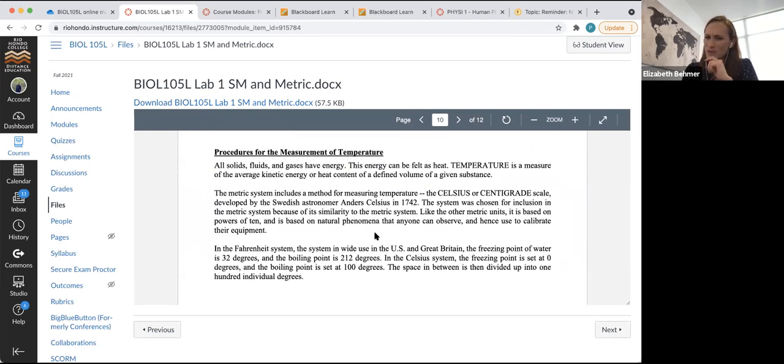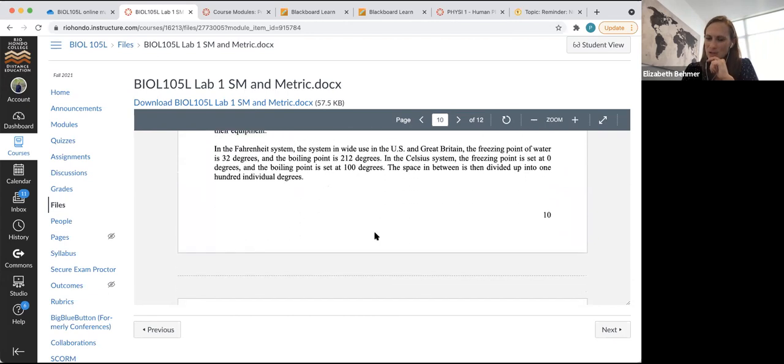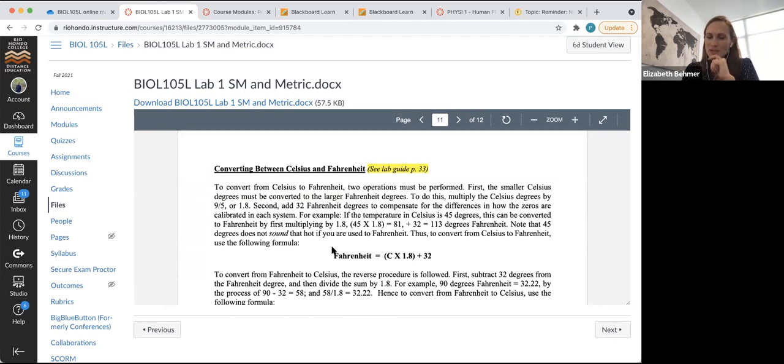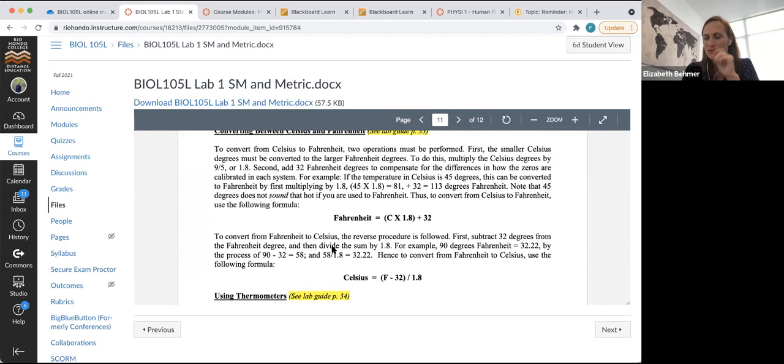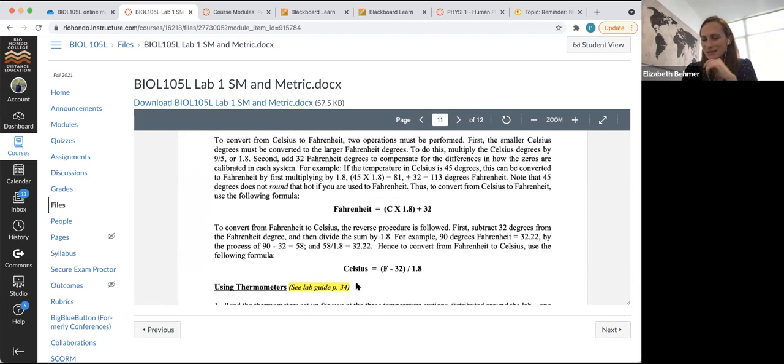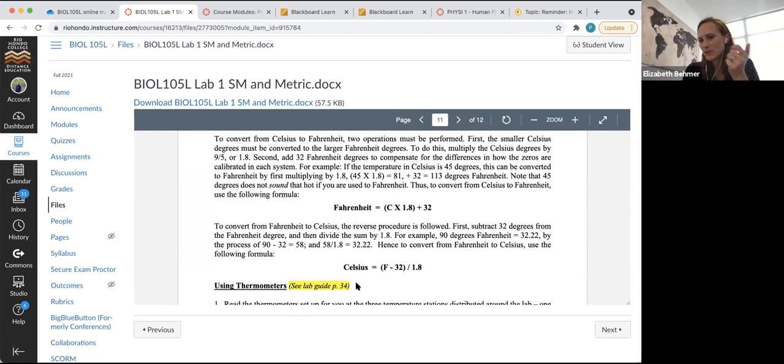You'll measure temperature. So we'll talk about temperature. To measure temperature, we sometimes convert between Fahrenheit and Celsius, and there are formulas that we use. For example, if it is 37 degrees Celsius outside, we plug 37 in where the C is.